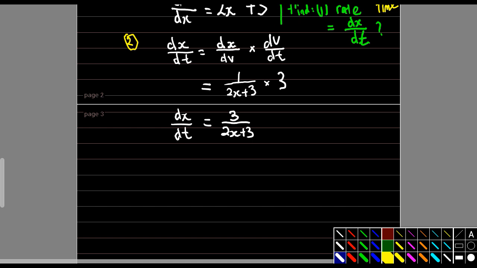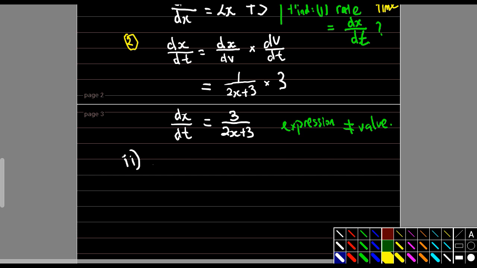But oh no, part 1 only asks you to find an expression. The word expression means it's not equal to a value, right? A value means a number. So let's try part 2. Part 2 says what? Height is x?